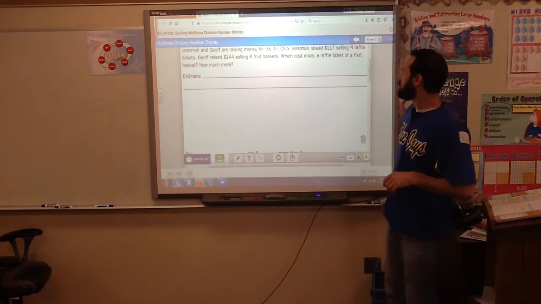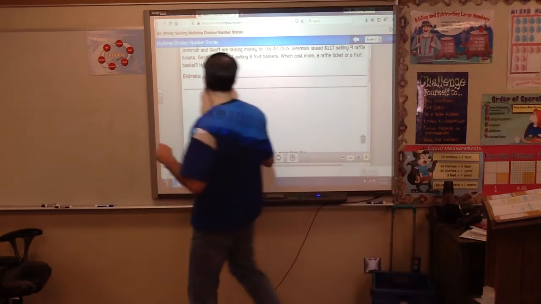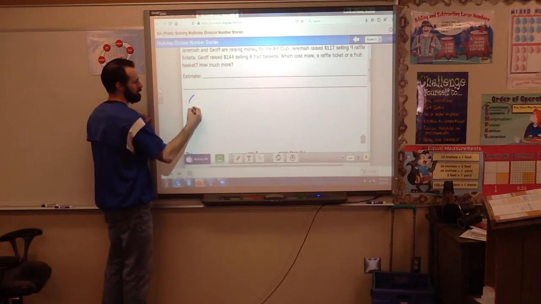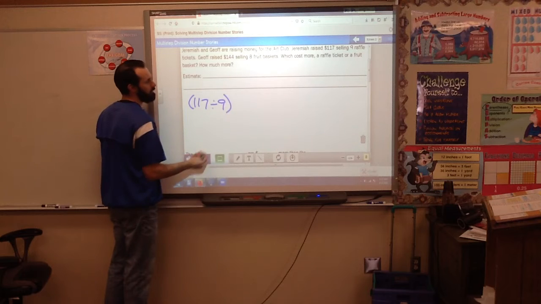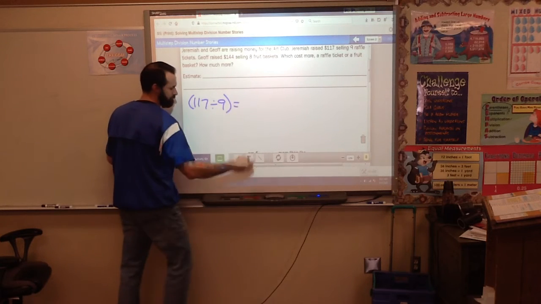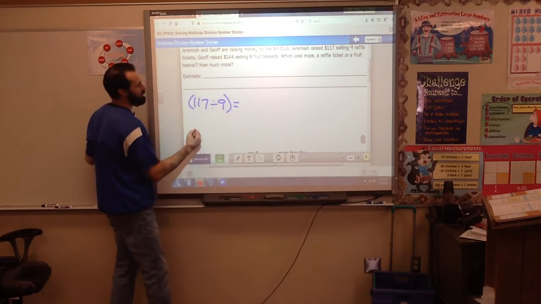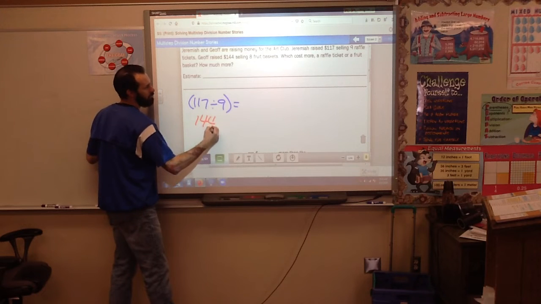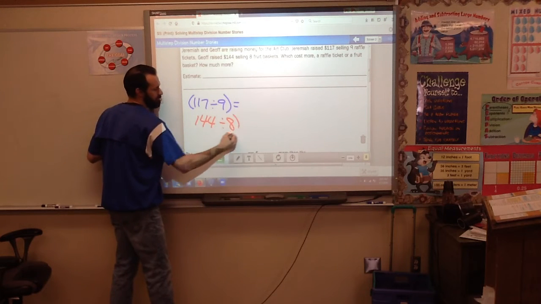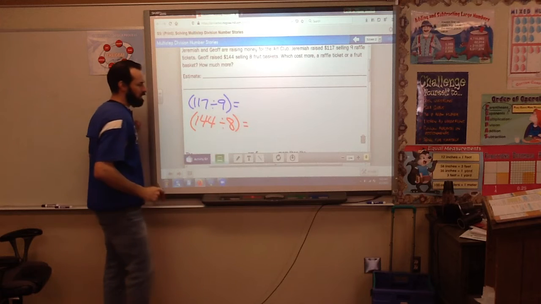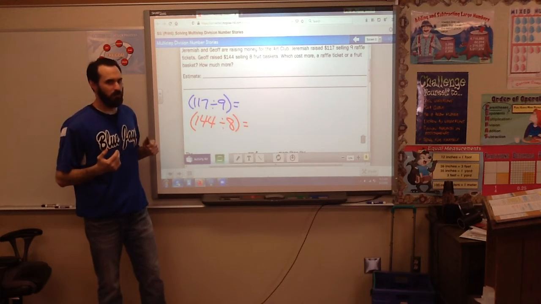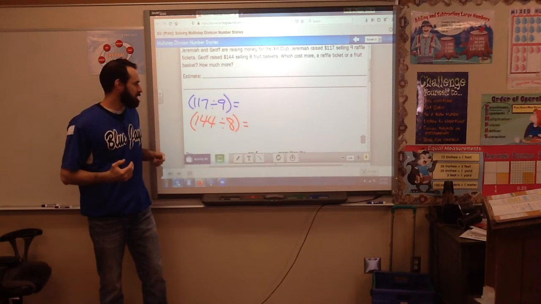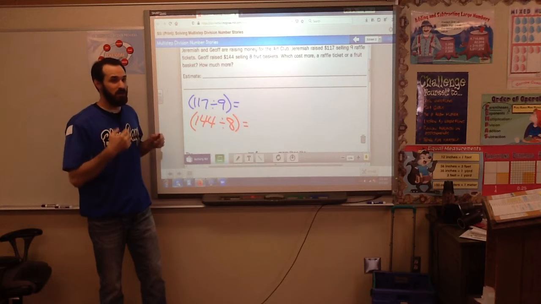The first one is Jeremiah, and his was 117 divided by 9, and the other one was 144 divided by 8. So what we need to do is first do 2 division problems and figure out which of these 2 costs more so that we can do our subtraction.